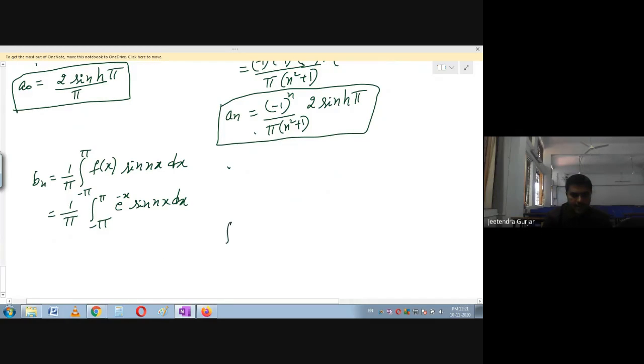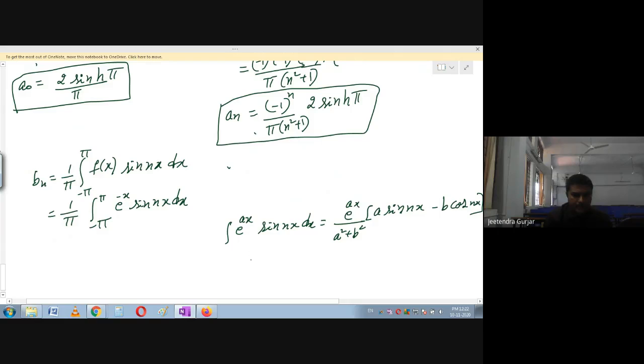Integration e raised to ax sine nx dx, already I have given the formula, that is e raised to ax upon a square plus b square, and here we have a sine nx minus b cos nx. So please use this formula now, substitute the value.